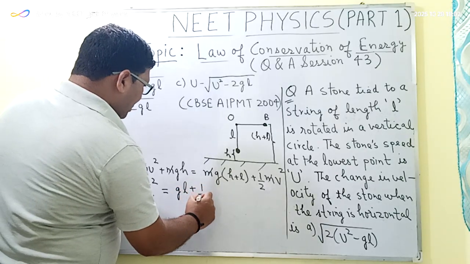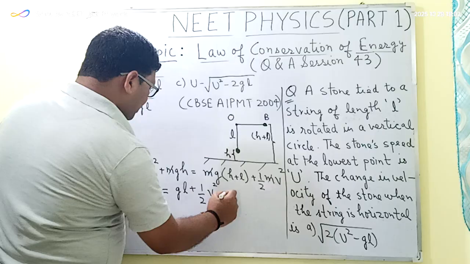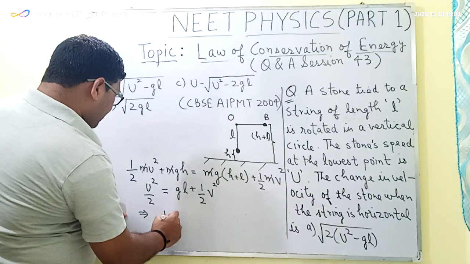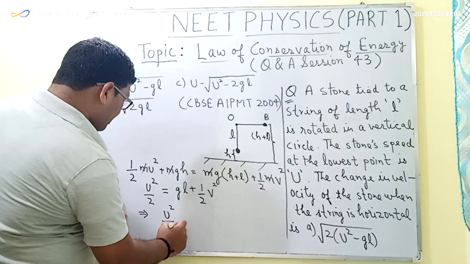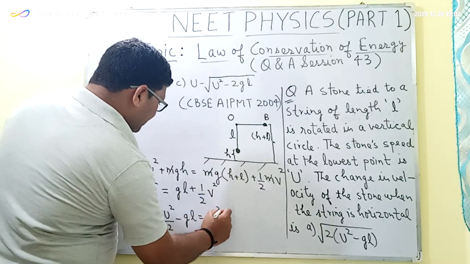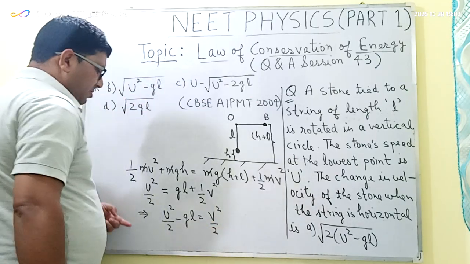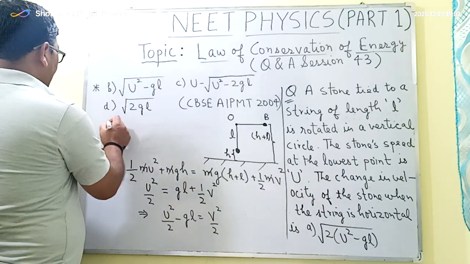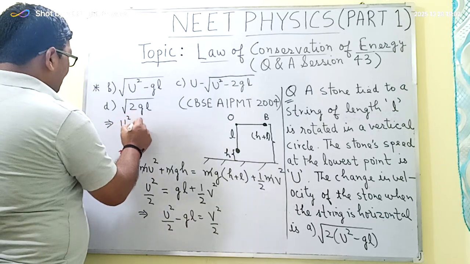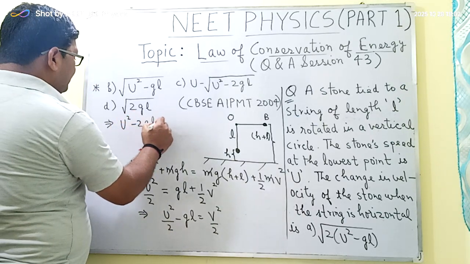plus half v square. So from here, u square upon 2 minus gl is equal to v square upon 2. So from this equation I can get u square minus 2gl equal to v square.